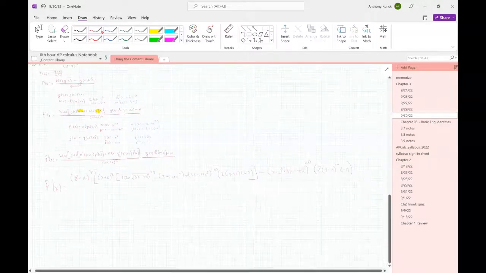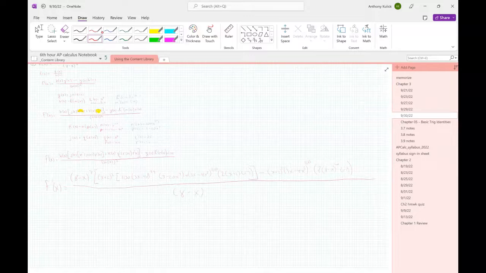And then all of that over 8 minus x to the 14th. That would be 7 squared, I just wrote it as the 14th. Can you zoom in to that last?